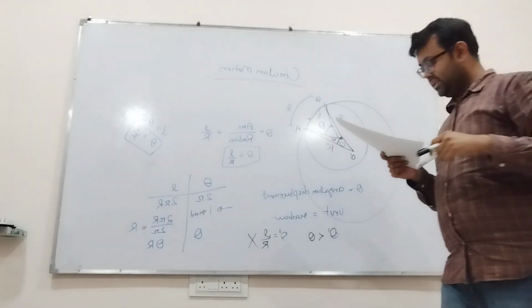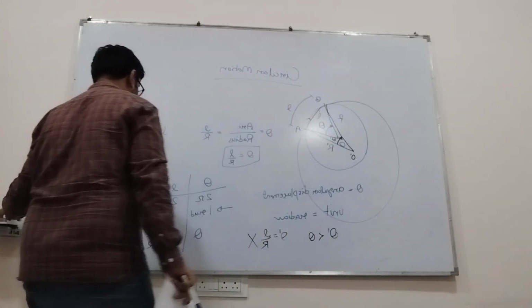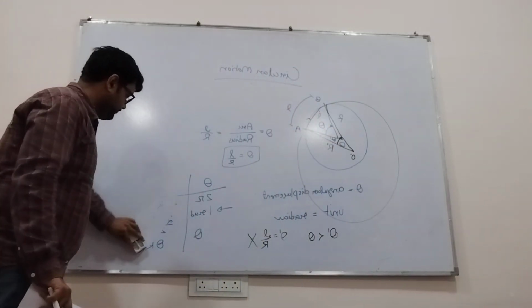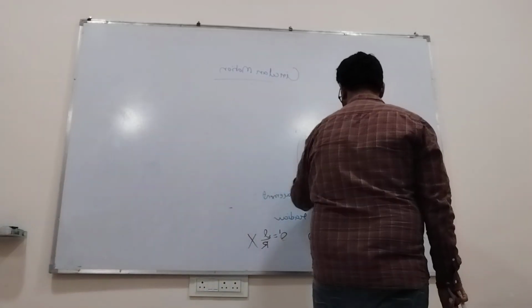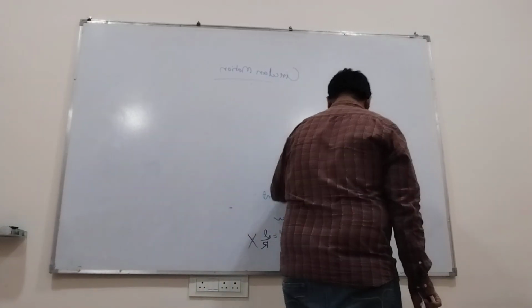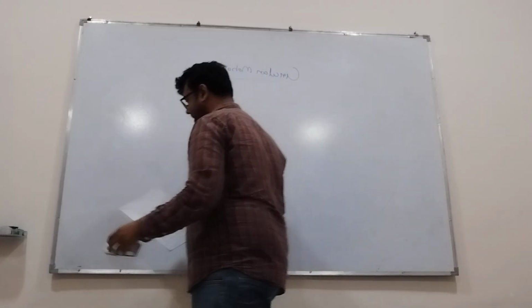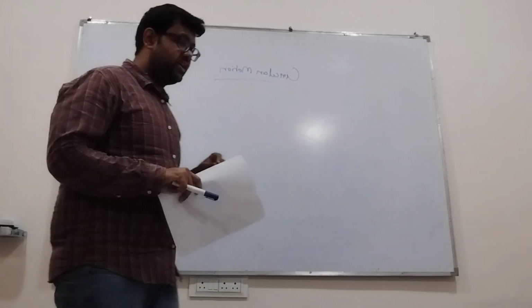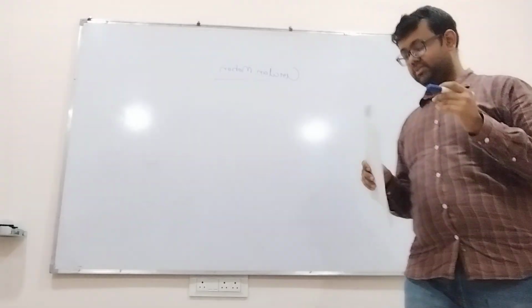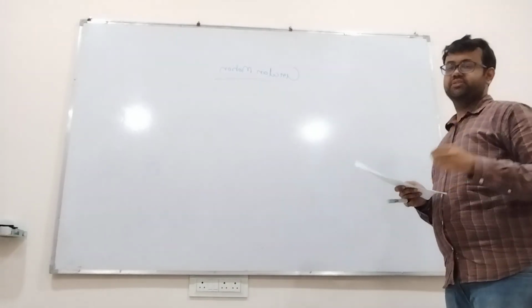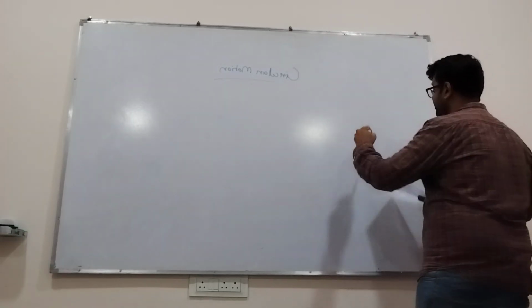So now comes another topic, that is the angular velocity. So what is the angular velocity? Like we have discussed the velocity term, that is displacement upon time. The same way here, the angular velocity is nothing but the angular displacement upon time.